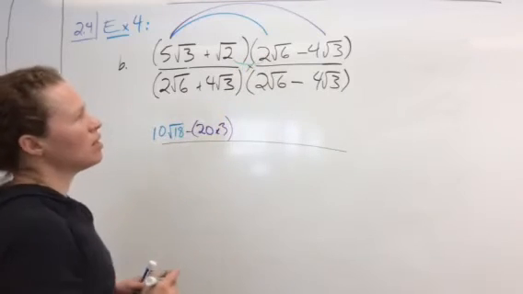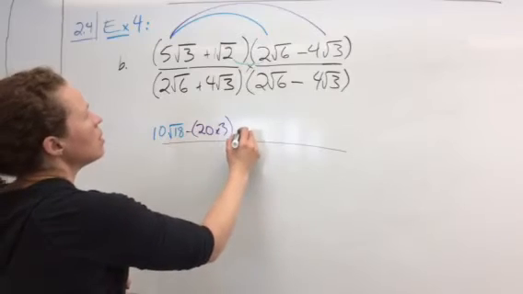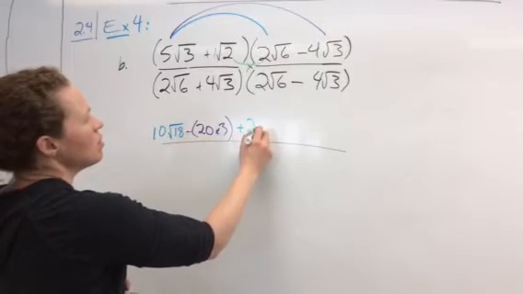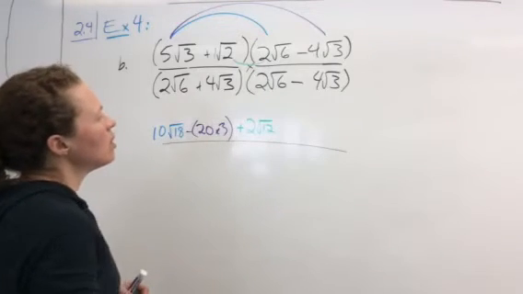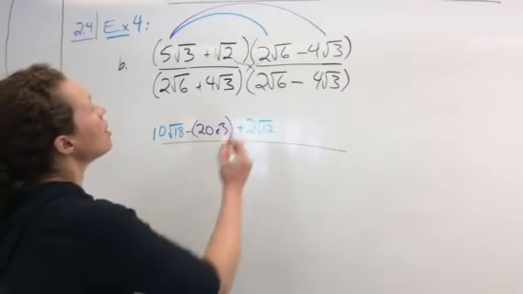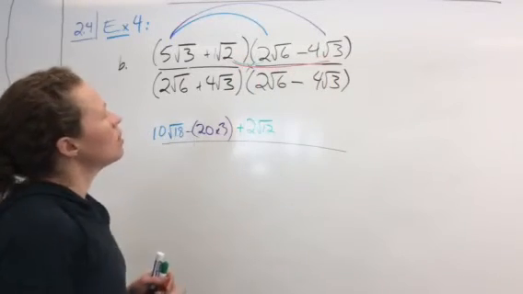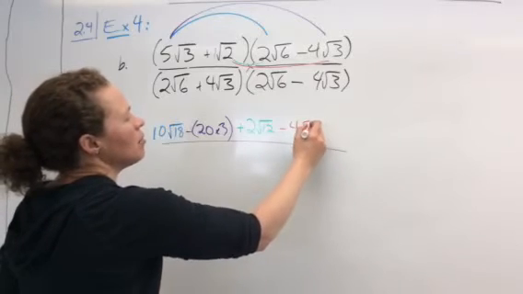Inside, I've got root 2 times 2, so that's like there's a 1 out here. So that's positive 2 root 12. Oh, yeah, 12. Remember that that's going to have to change. And then we've got the final one. So root 2 times negative 4, so the negative 4 will remain, and that becomes root 6.